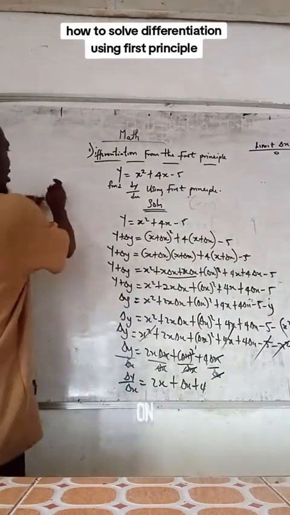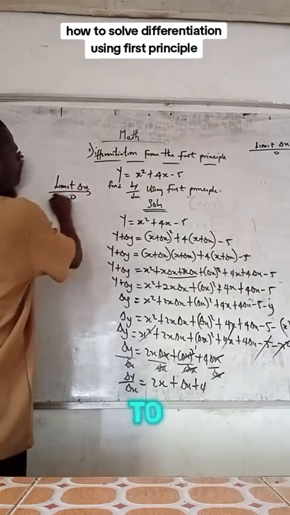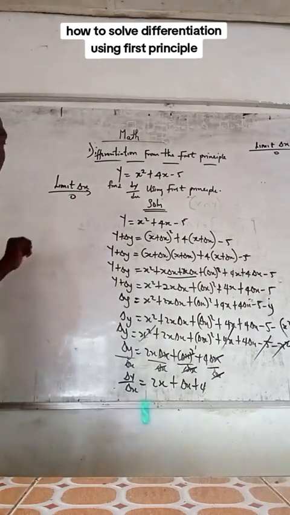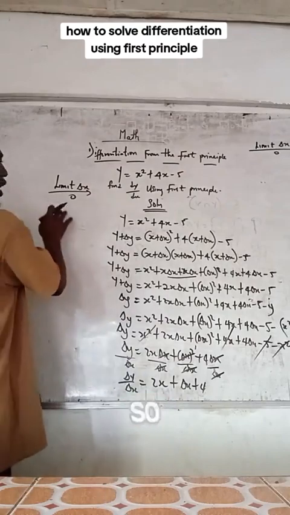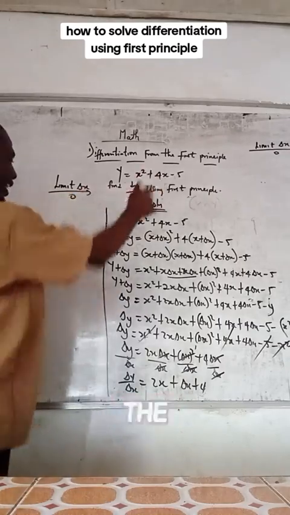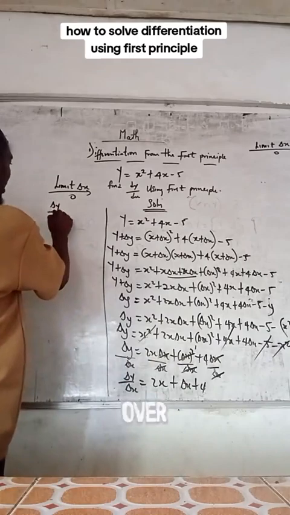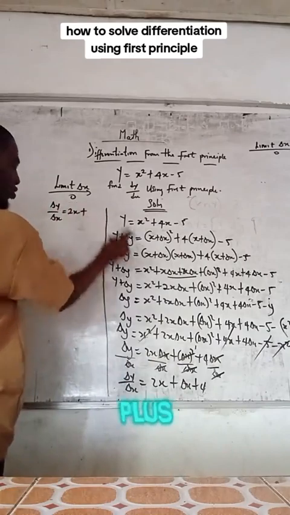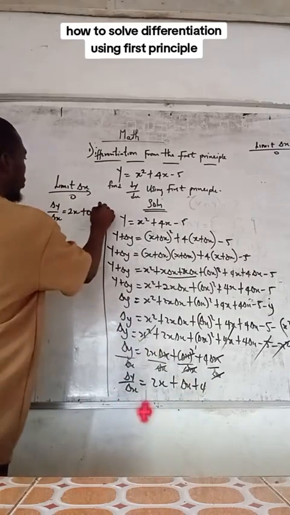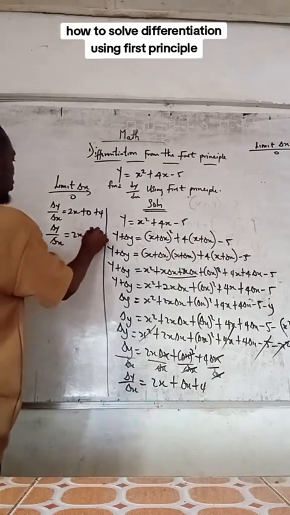Let me write it on this paper, since you can't see it from here. Limit as dx tends to 0. Very simple: whenever I see dx, I put 0. So dy over dx equals 2x plus 0 plus 4. So dy over dx equals 2x plus 4.